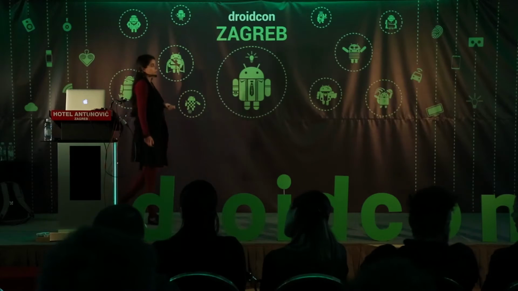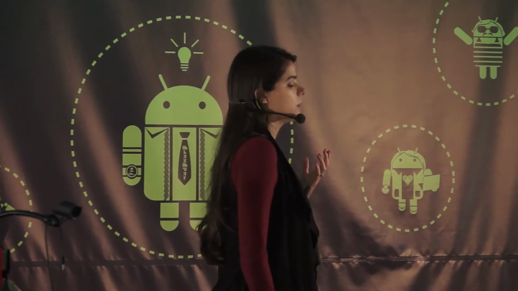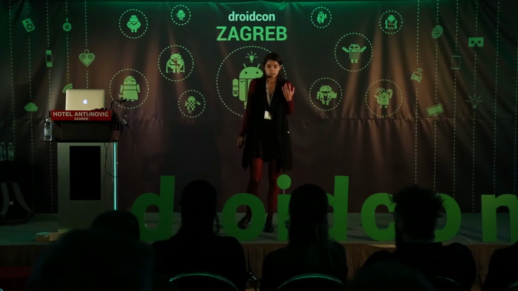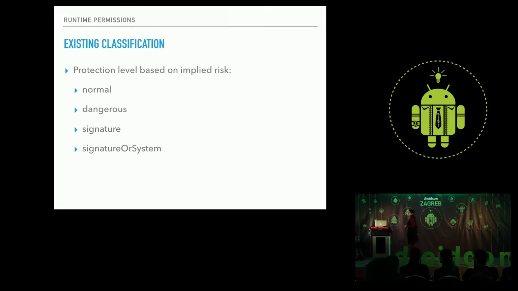So let's now talk about how these permissions are divided into different groups. Before Marshmallow, we had protection levels. The normal protection level should cover areas where user privacy or operation of other apps is not at risk at all, or there is small risk.